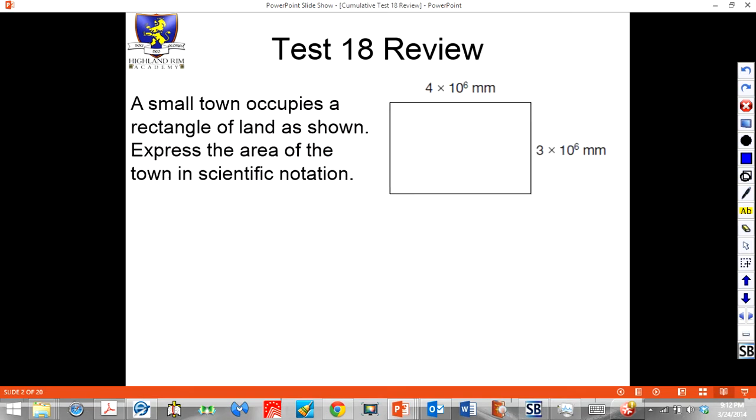Okay, a small town occupies a rectangle of land. It's shown to be 4 times 10 to the 6 millimeters in length, and its width is 3 times 10 to the 6 millimeters. And the question is, how do you express the area of the town in scientific notation? So the first thing that we do is we multiply the length times the width: 4 times 10 to the 6 times 3 times 10 to the 6.